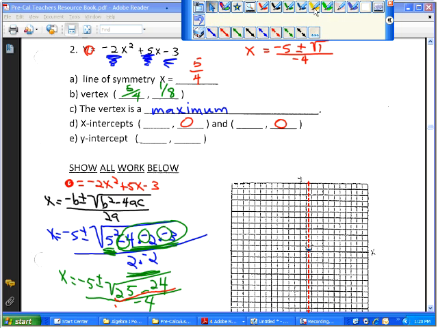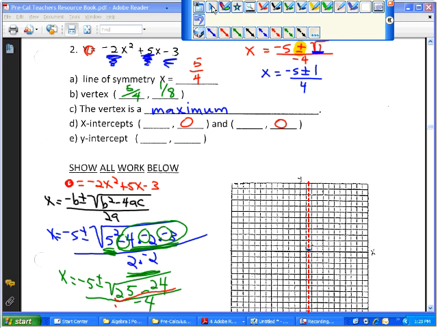Remember, when we undo the square with the square root, we get a plus or minus, and that's where that comes in. It's attached to that square root symbol. We're actually going to do the square root of 1 now, which is 1. And so we'll have x is equal to negative 5 plus or minus 1 over negative 4.